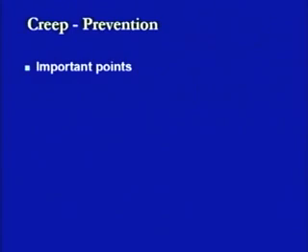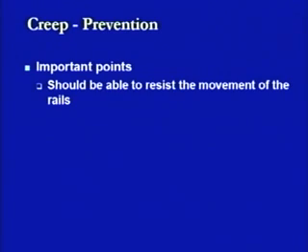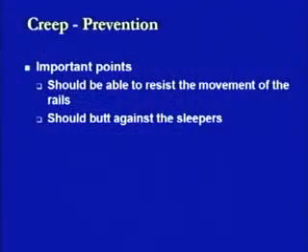Now, the next thing is that there are certain important points which need to be remembered while providing anchors and controlling the creep. One is that they should be able to resist the movement of the rails. Whatever anchors we provide, they should be able to resist that. They should not move forward along with the rail section. Then they should butt against the sleepers.